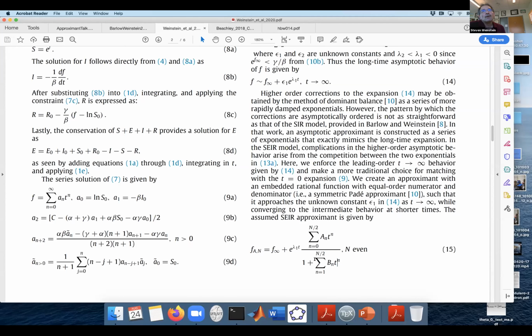Of course, we're not trying to fit, we're trying to use the power series, but I figured that if it fits well, maybe when we enforce the power series, it'll work well, and it worked extremely well. So we use fitting as a guide, and then just let the power series inform the coefficients A sub n.